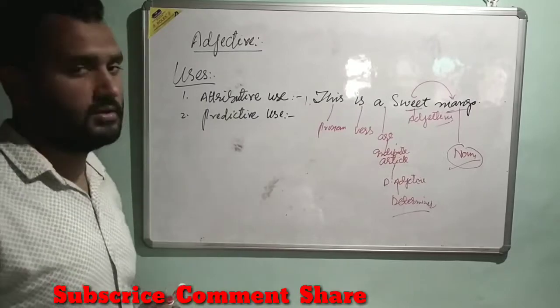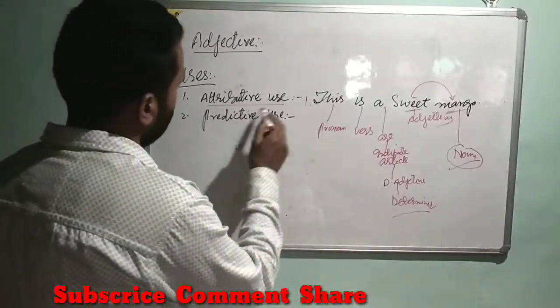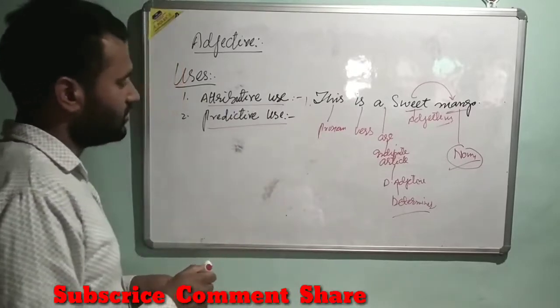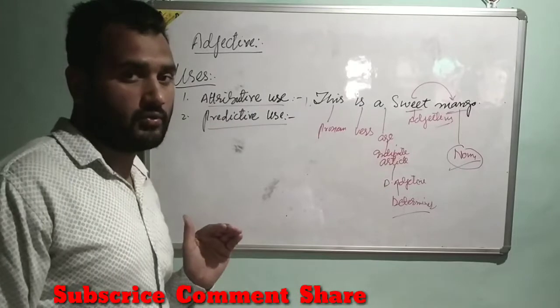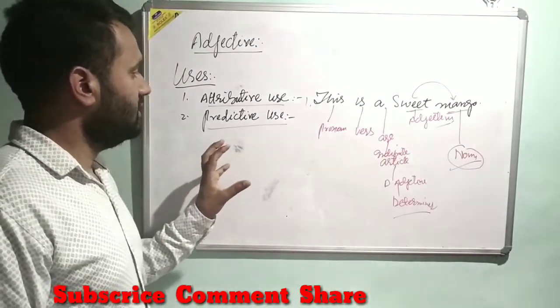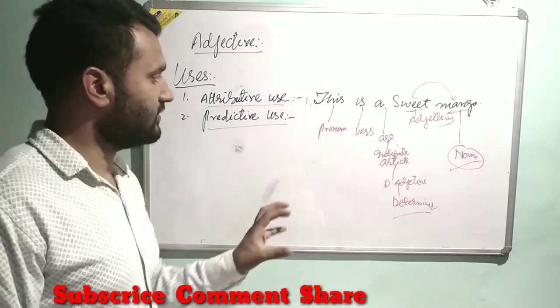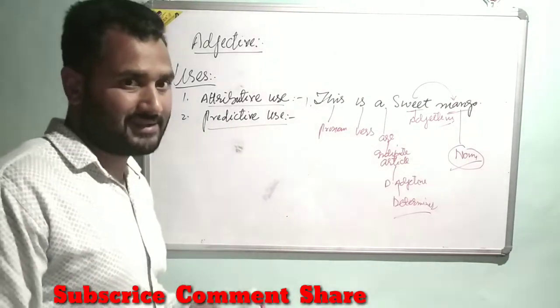Now there is another use. This was attributive use. This is predictive use. See, predictive use: when the adjective is qualifying the noun or pronoun indirectly, that means that there's an insertion of a word between the adjective and the noun or pronoun. Now see the sentence.